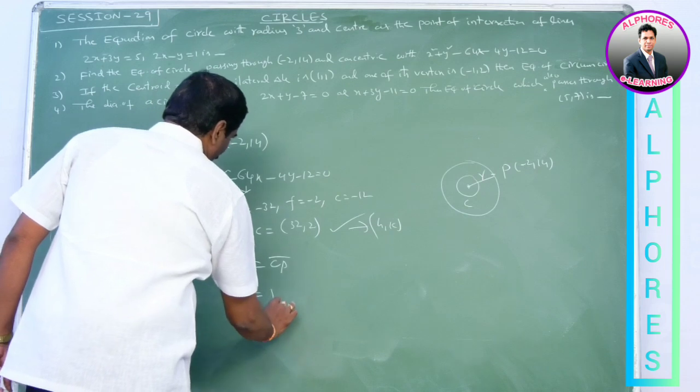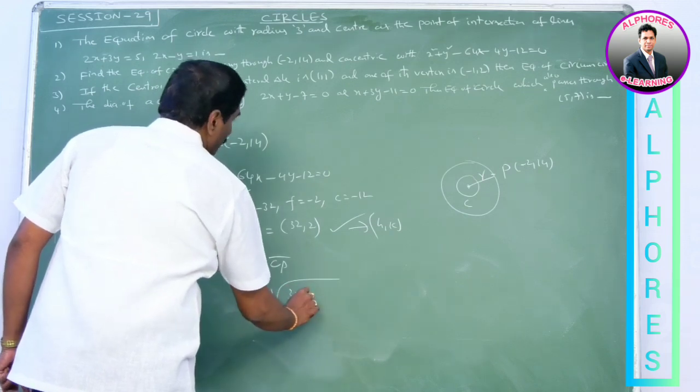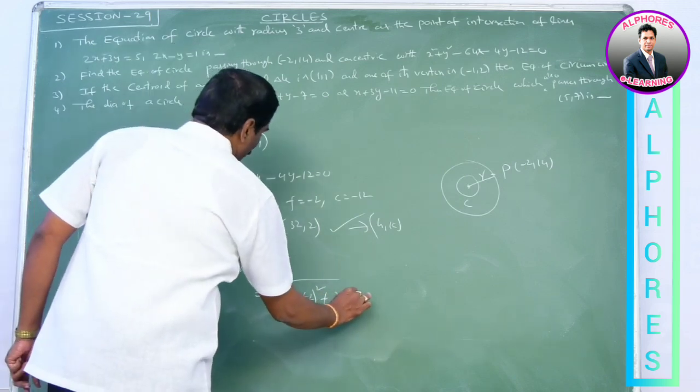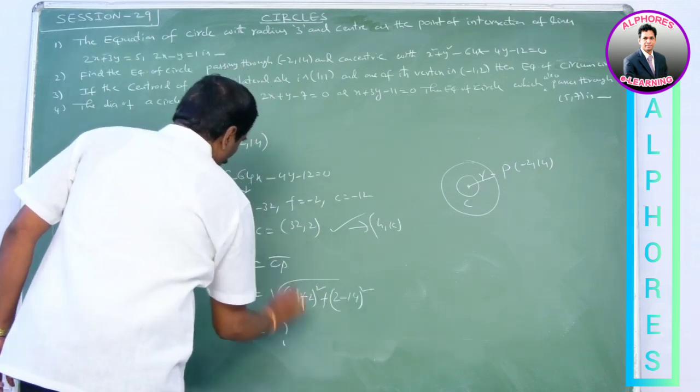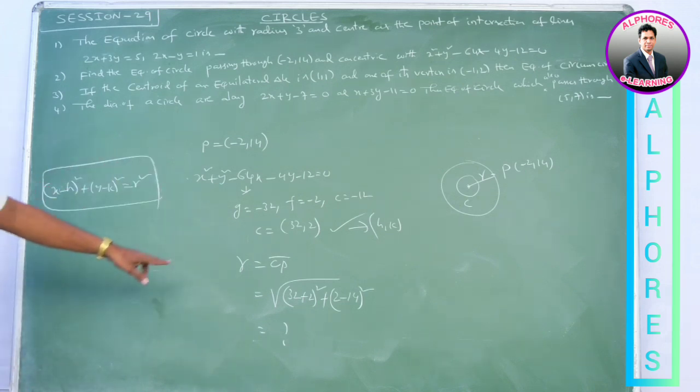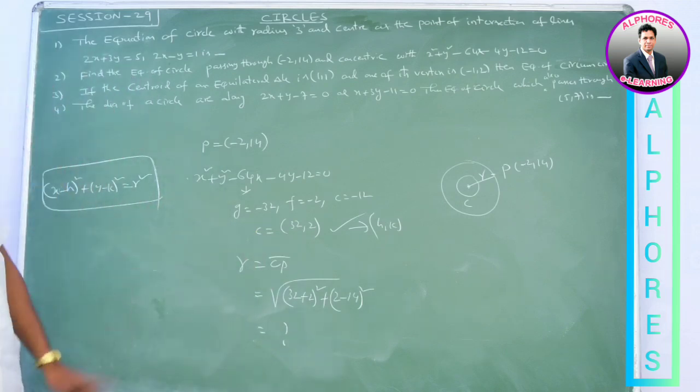That means the square root of (32 + 2)² + (2 - 14)². So we find the value of the radius. Now the equation of the circle is (x - h)² + (y - k)² = r². Substitute the values of h, k and r, and we get the equation of the circle.